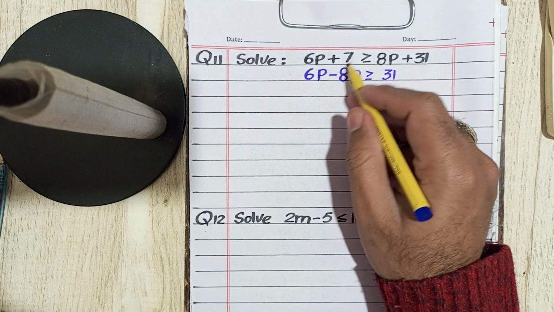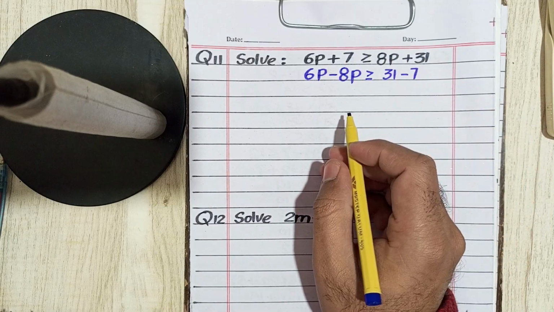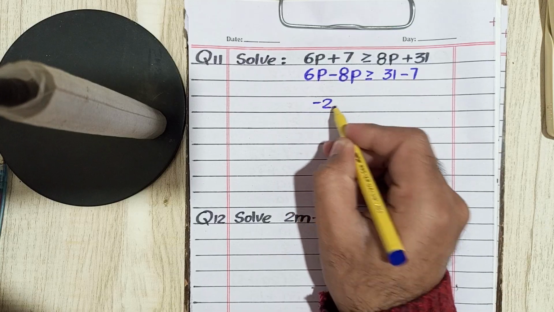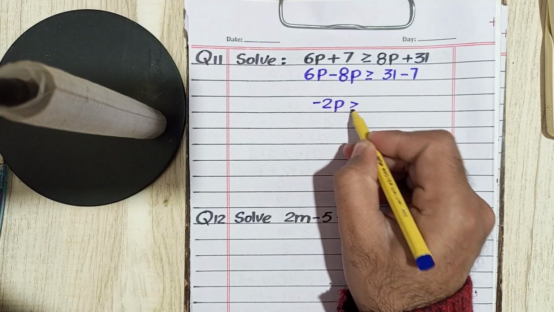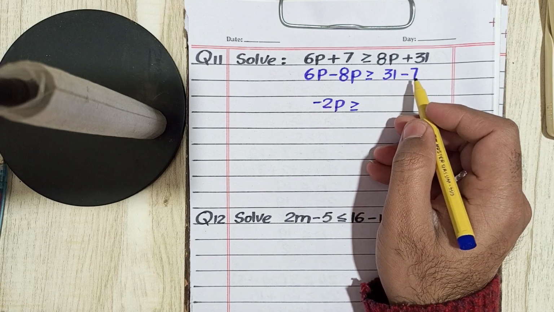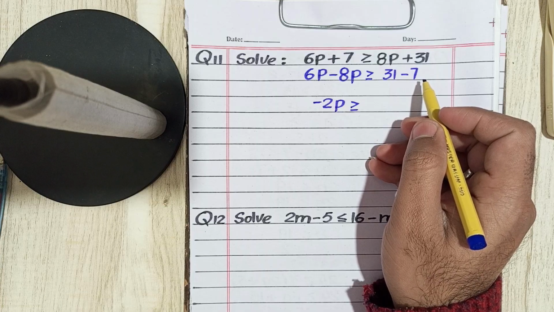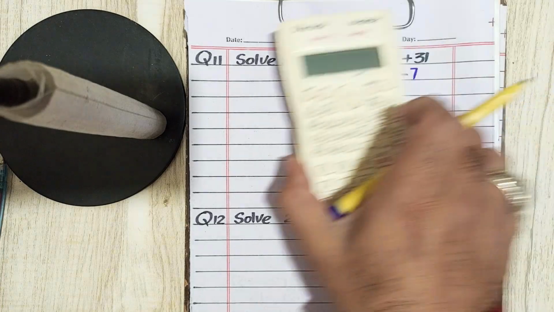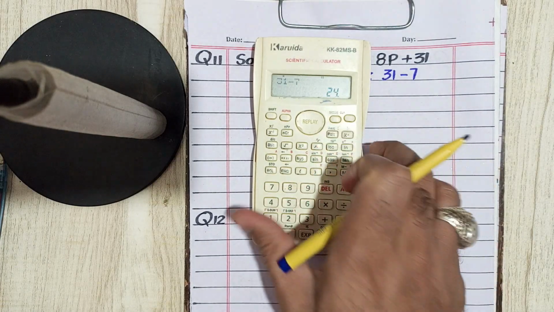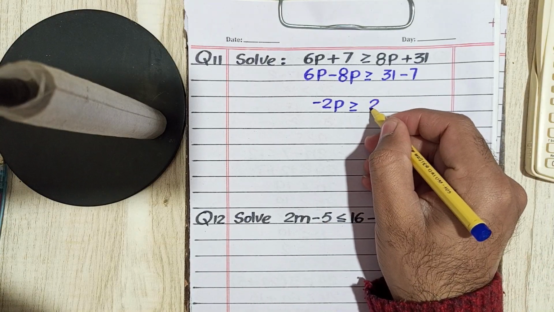Now we move this plus 7 here, so here we have negative 7. So 6p minus 8p gives minus 2p greater than or equal to 31 minus 7. 31 minus 7 is very simple, so we have 24.